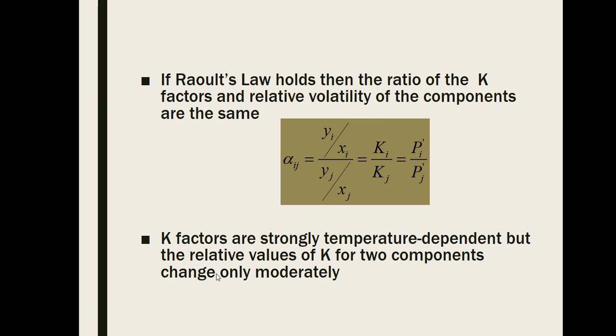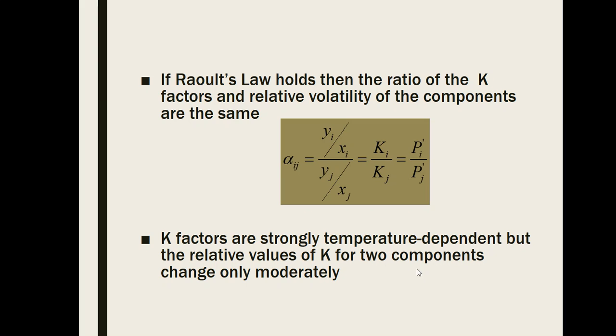If K factors are to be assumed constant, it's quite okay, since we know that the change in the value of K for a change in temperature would only be minimal, as long as our system is limited to a two-component system. So it's okay if we assume that K is constant, even though we fully know that K factor is strongly temperature dependent.